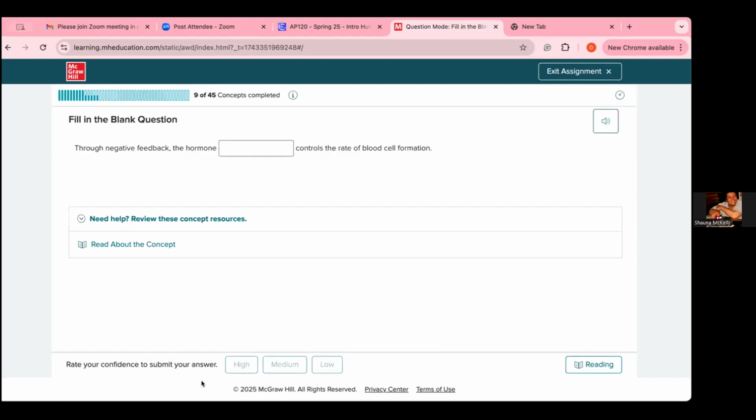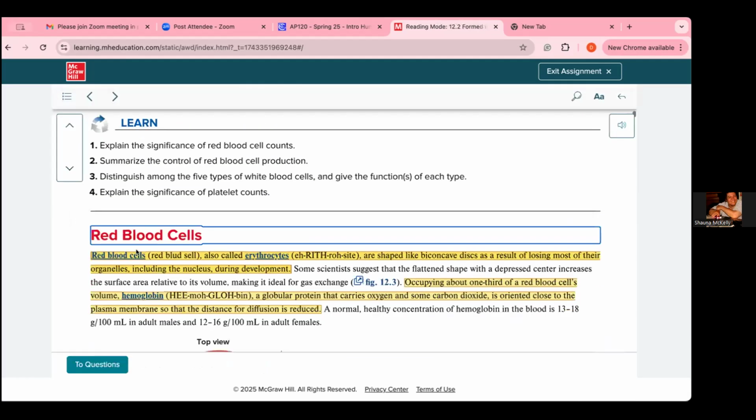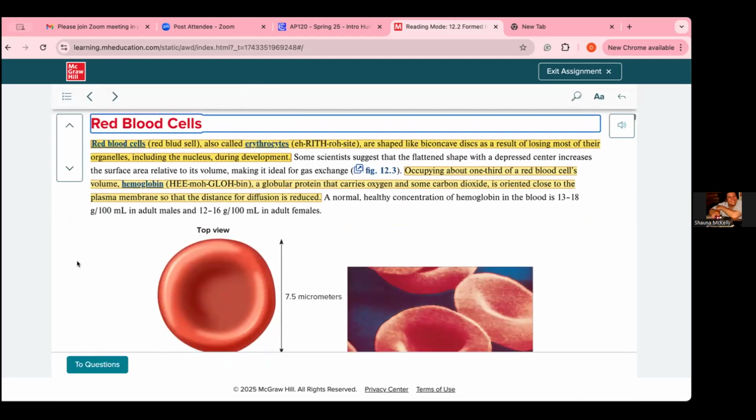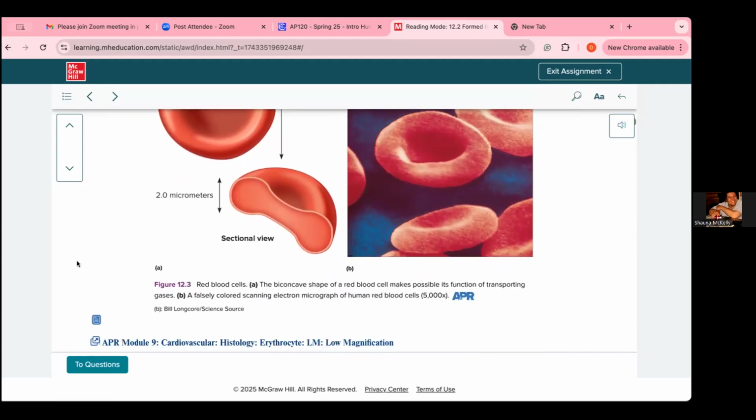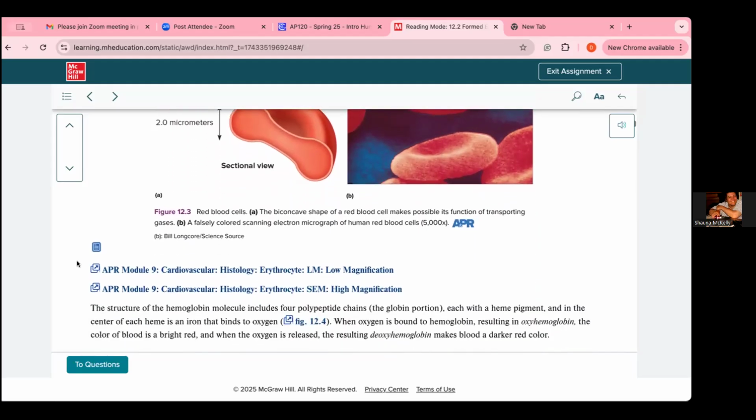Through negative feedback, the hormone blank controls the rate of blood cell formation. Okay, let's look up the spelling of that hormone. Let's read about it. So, okay, this is the picture. Go ahead. We're looking for the name of the hormone that controls red blood cell formation.